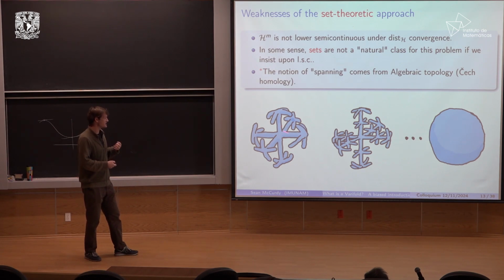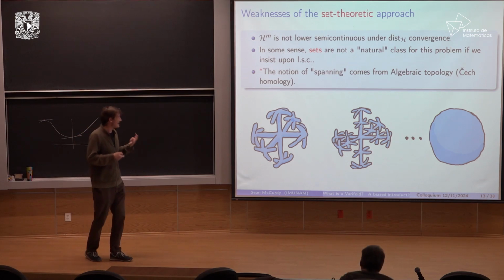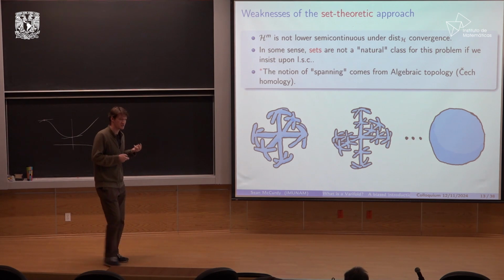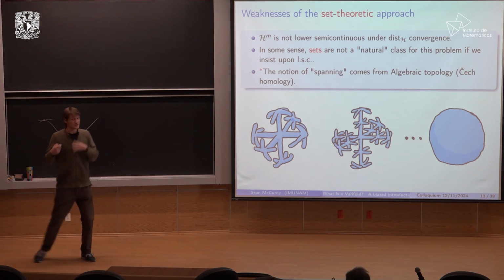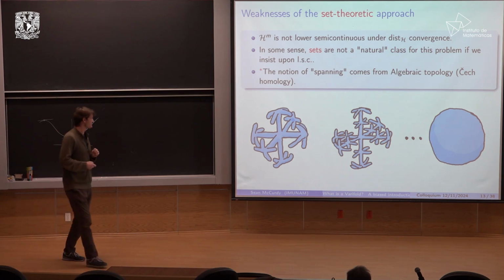It really depends in some sense on the approximating sequence. And so you could say that the solid three-dimensional ball, in fact, has 0 two-dimensional surface area. This makes very little sense. So sets are really not the natural class for this kind of problem if we insist upon lower semi-continuity, which we really want to do for Tonelli's direct method of the calculus of variations.